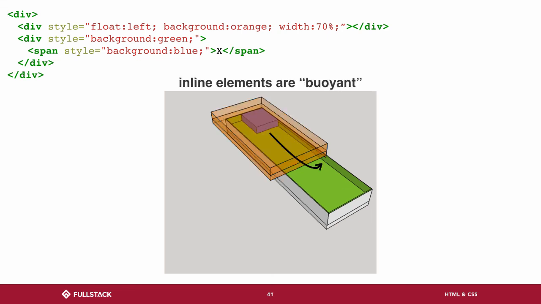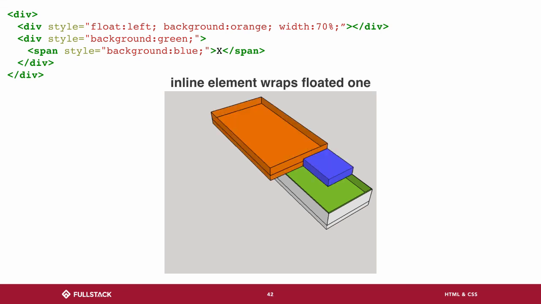But inline elements are buoyant. Any inline elements will end up floating up over here, and they wrap around the floated one. So the issue that you run into is that if there was any content on the left in the green, it would be covered up.